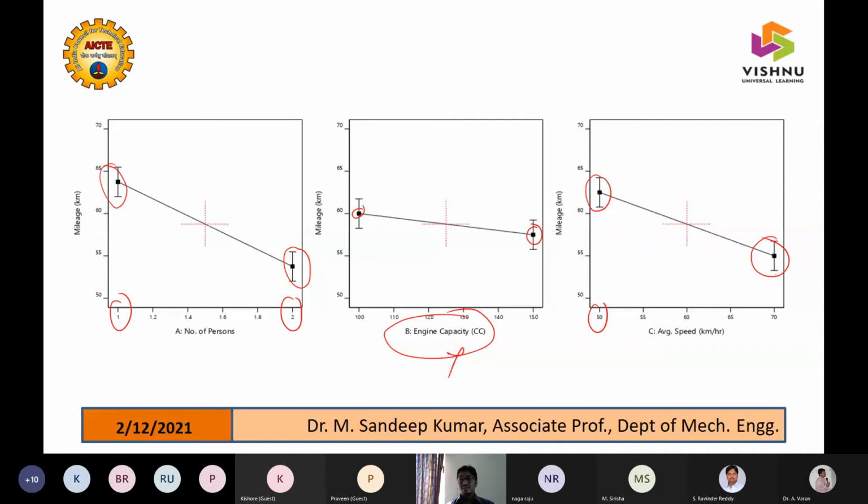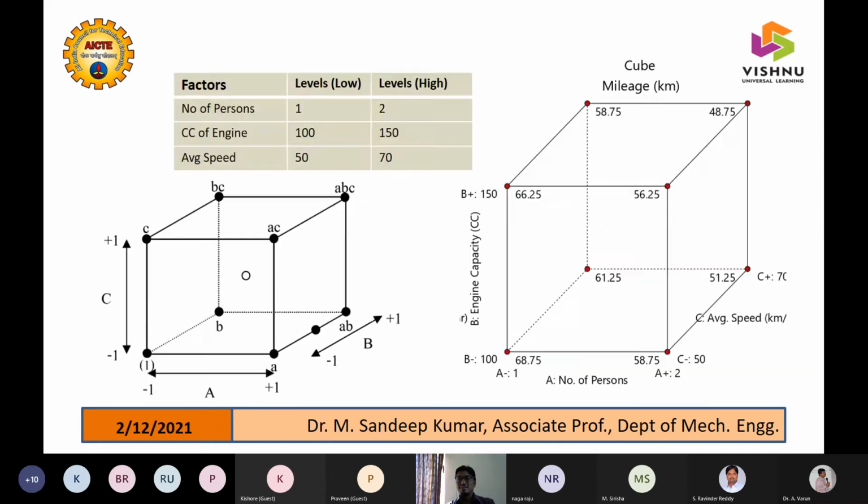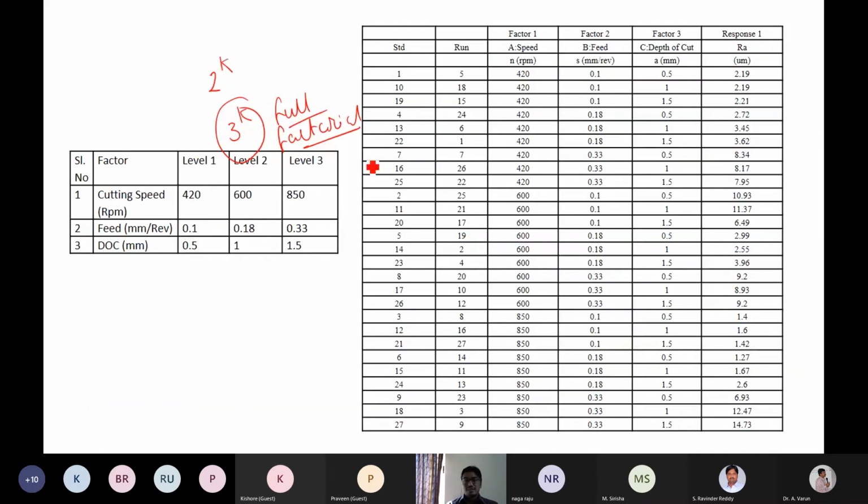So if I take 2 to the power of k, initially it was 2 to the power of 3. Now it became 2 to the power of 2. Initially we had three factors and 3 levels. So 3 to the power of 3 will give me 27 experiments that I need to do, and this is how the chart will be.